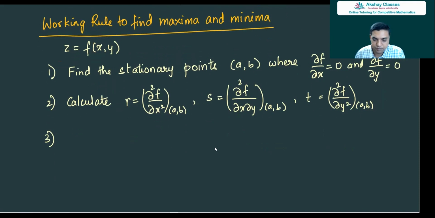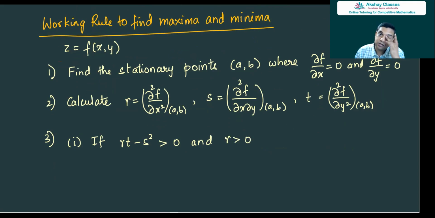Now, first point, if rt minus s square is greater than 0 and r is less than 0, first case, maximum case, then that means delta is negative.